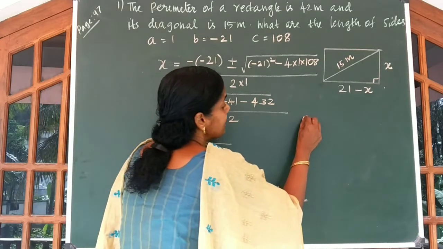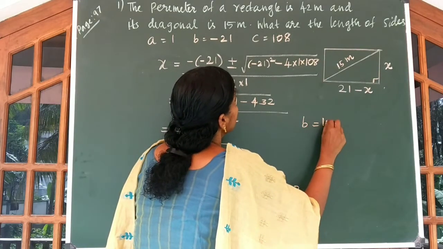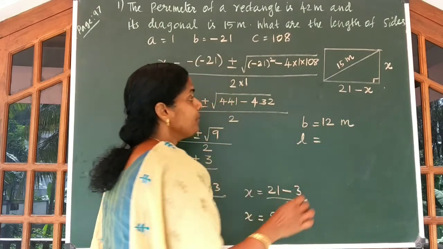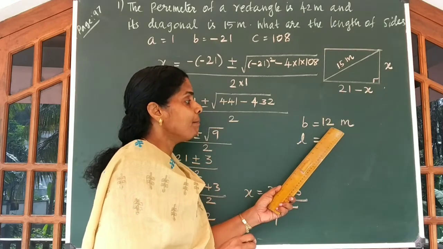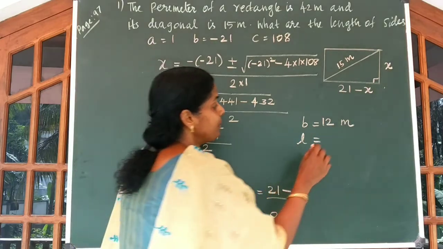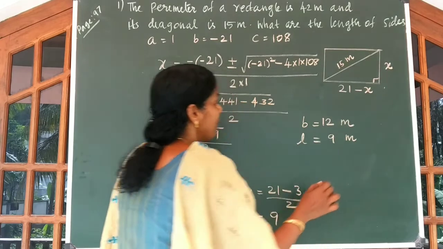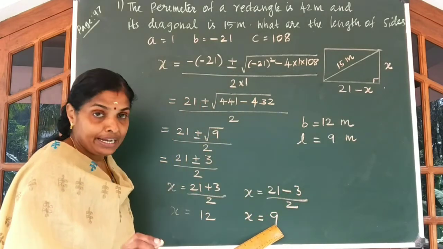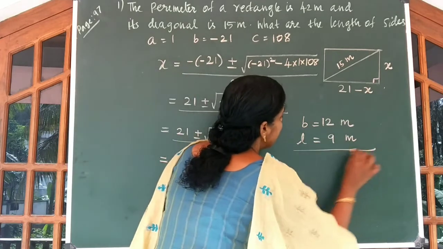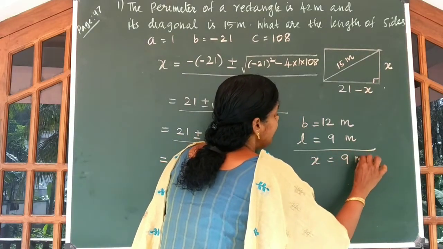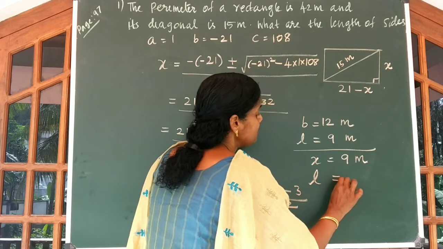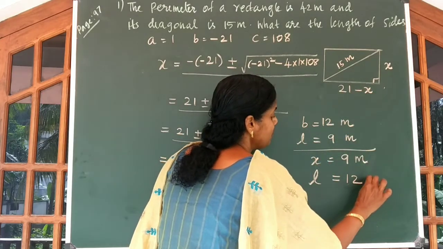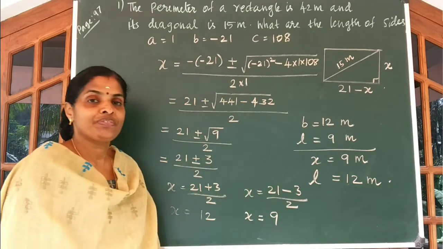So we can say breadth is equal to 12 meter, and so length is equal to 21 minus 12, which is equal to 9 meters. Or otherwise, if you consider x is equal to 9, we get breadth to be equal to 9 meter and length to be equal to 21 minus 9, which gives you 12 meters.